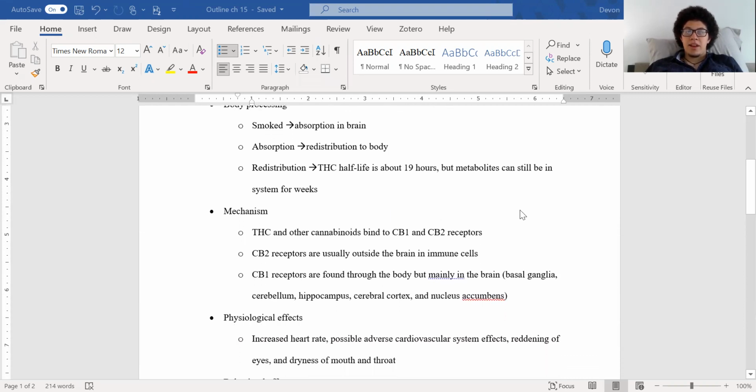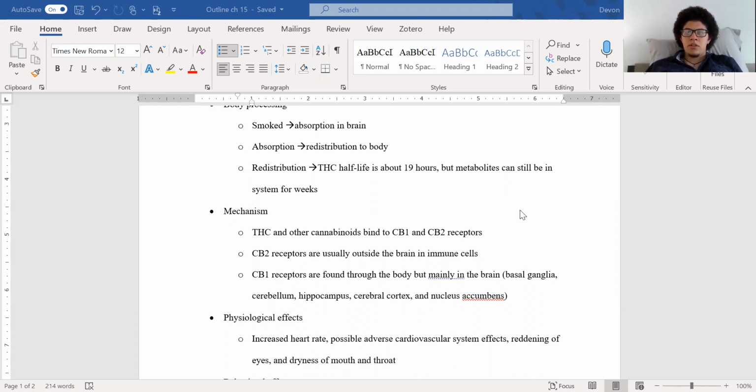Then the mechanism for THC and other cannabinoids: they usually bind to CB1 and CB2 receptors. CB2 receptors are usually outside of the brain and they're in immune cells, so this would impact your immune system.